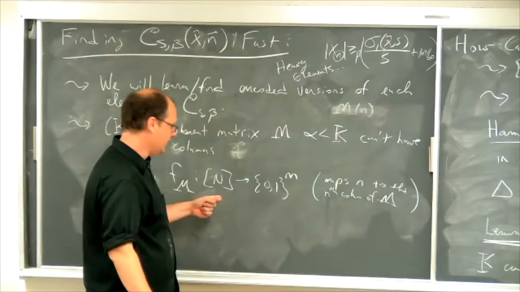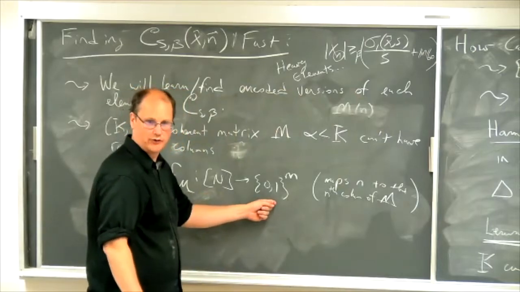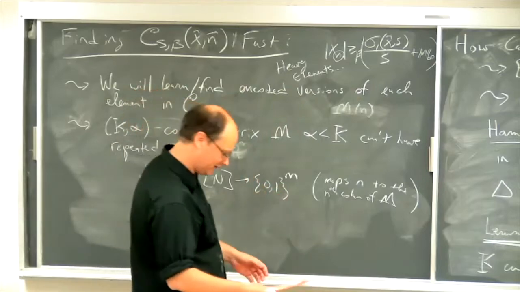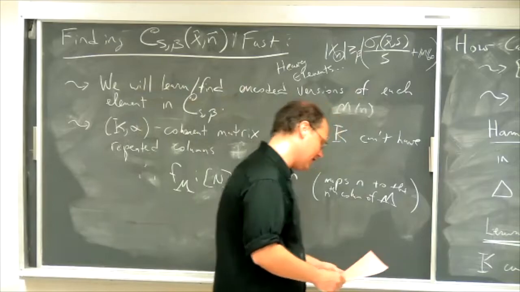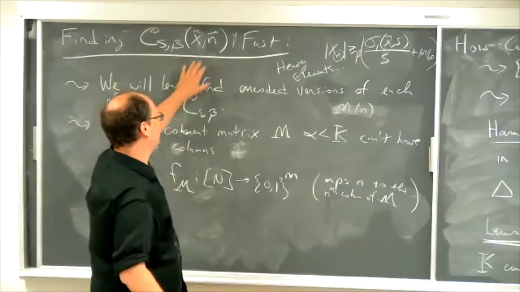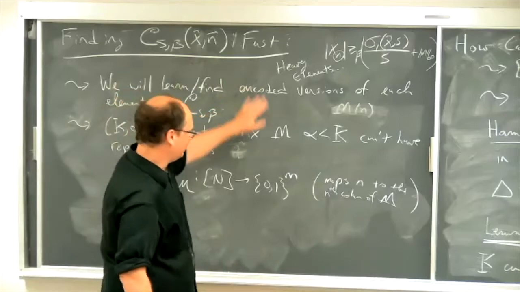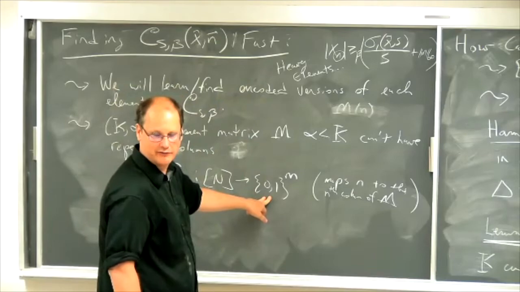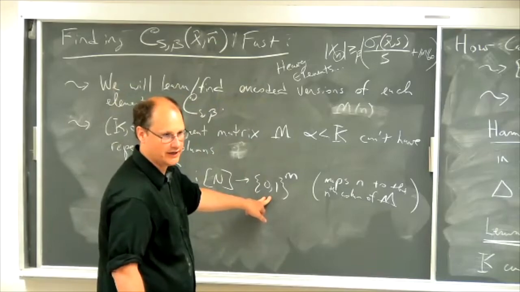If we can do this really quickly in like order M time, we'll be able to tell where the ones are pretty fast. So that's directly associated with this thing. And it turns out to find the heavy elements, we're basically going to want to invert this function. So we're going to end up learning what the column of one of these matrices are. And I'll describe how you can do that with an example in a second.